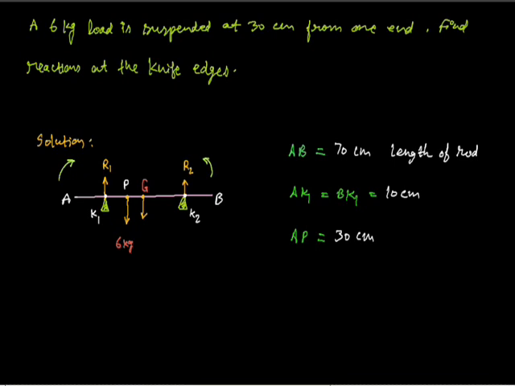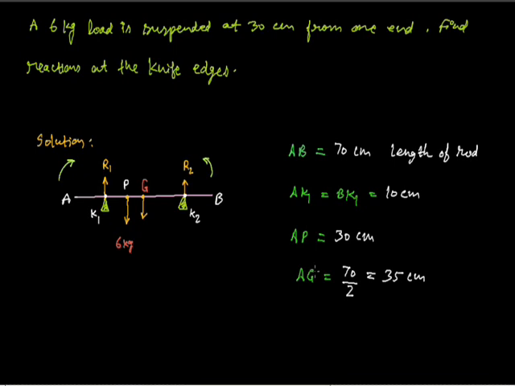The distance AG is equal to 70 divided by 2, which is equal to 35 centimeter, because G is that point where the center of gravity or the center of mass of the rod exists, and its position is at the center of the length of the rod.